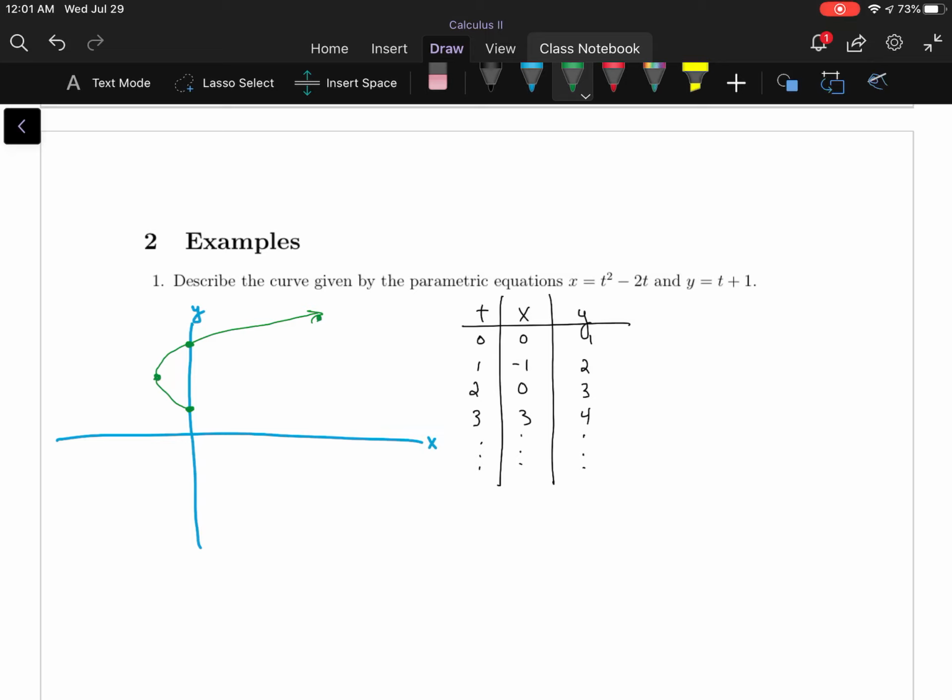And what you'll often see is the path that a particle, let's say, obeyed this system of equations would follow. At t equals 0, it started over here. This was t equals 1. And so in time, it went in this direction and continued in that path.